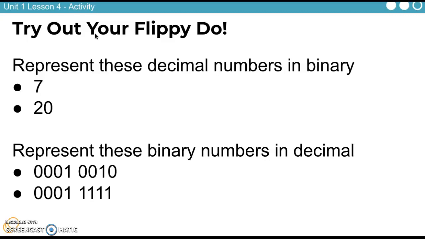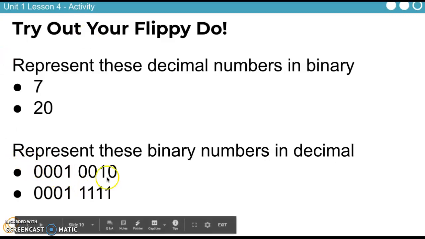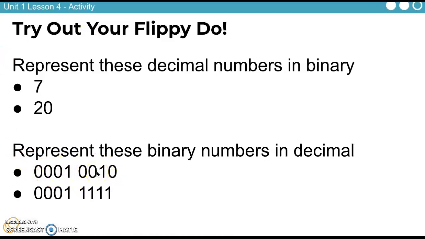Either you're going to put a 1 or a 0 in your byte, okay, and to the left you could have all zeros, and then you're going to see if you can represent 7. See if you could represent 20, okay, and then you're going to flip your Flippy Do to this and count it and see what they equal. You should be hitting pause now and doing these, and then coming back and I'll show you the answers.